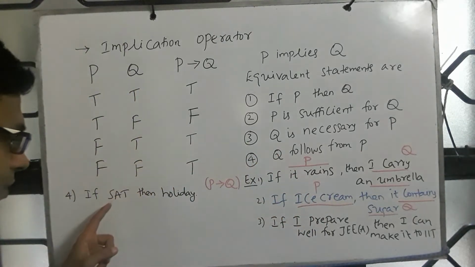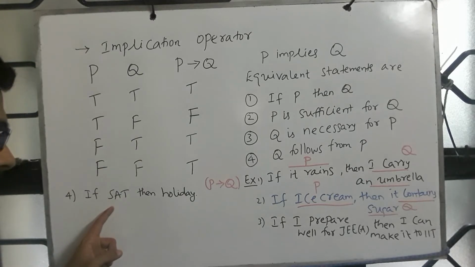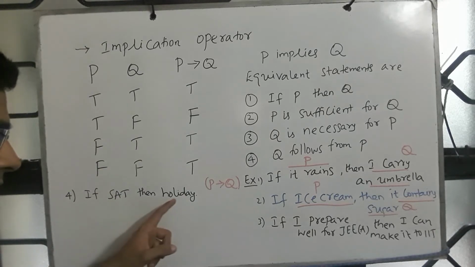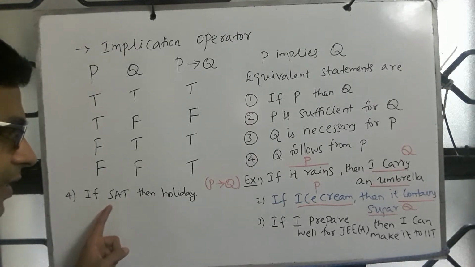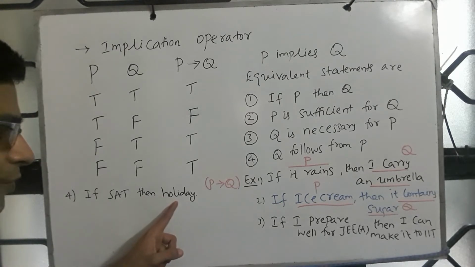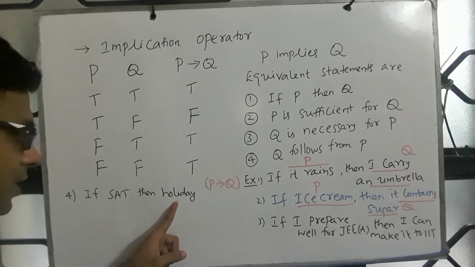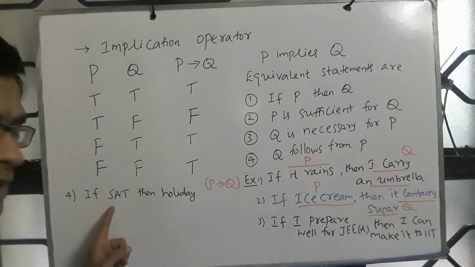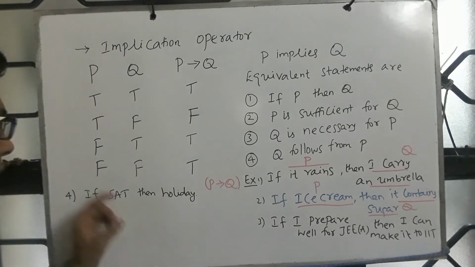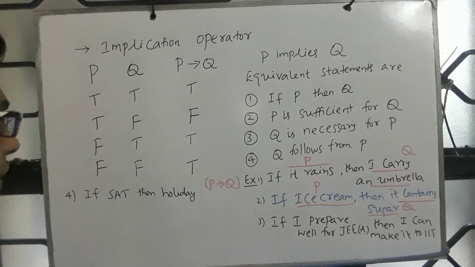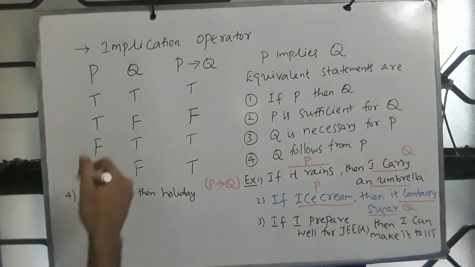The academic circular says Saturday implies holiday, but on some Saturday you are asked to report for classes, which means the circular is not respected, the statement is not respected. Premise is true. This is called premise.